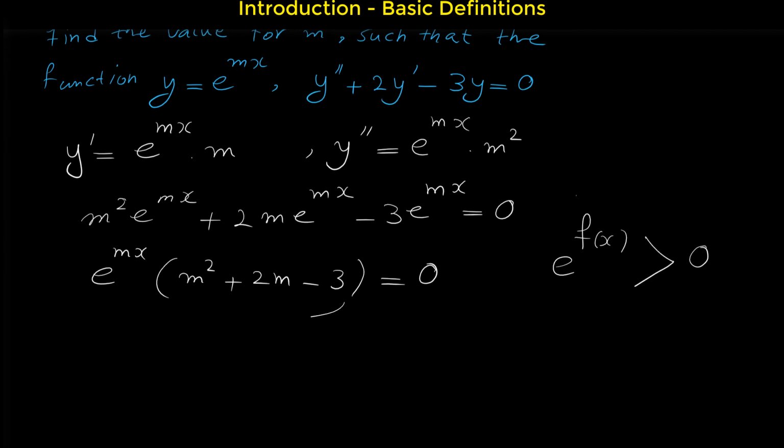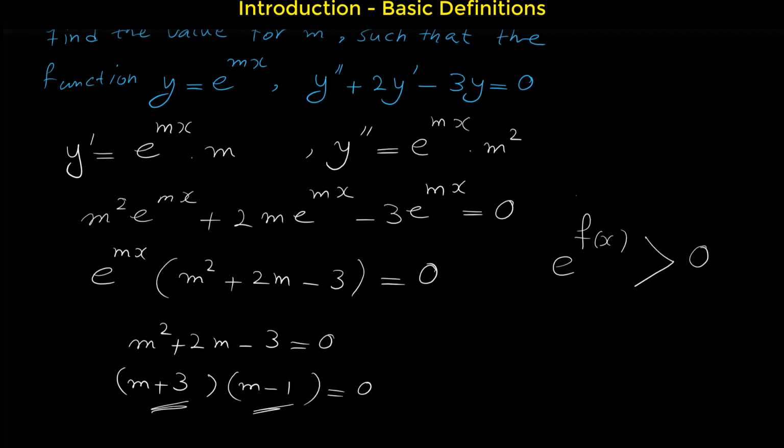So here we only need to set the bracket equal to 0. m squared plus 2m minus 3 equals 0. This is a simple quadratic equation. If we factor this, we can write this as m plus 3 times m minus 1 equals 0. Note that 3 times negative 1 is negative 3, and 3 plus negative 1 is 2.